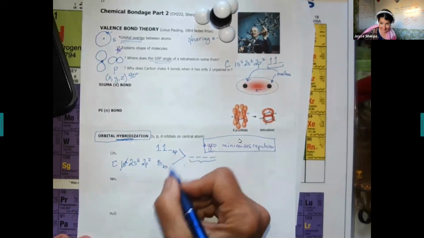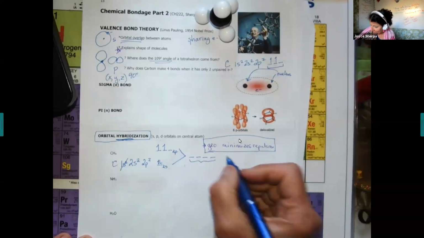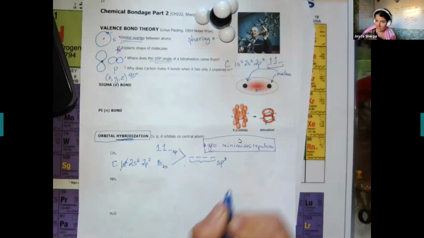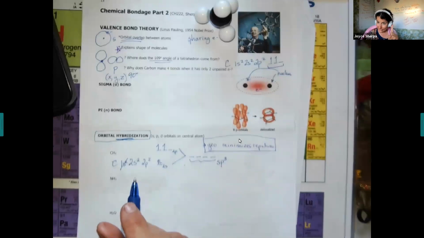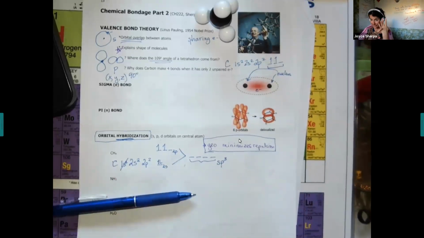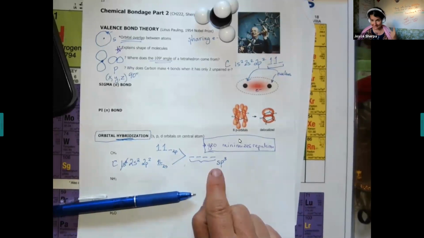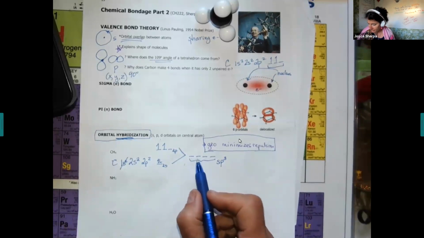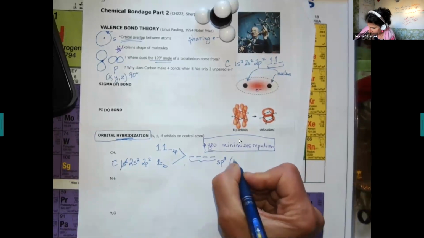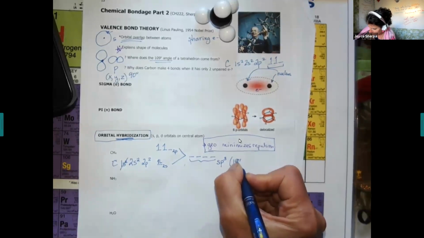So we hybridized the 2s with the 2p, and we made something called sp3. So if you take 1 and you add 3, you get 4, and that's what this is, an S and 3 Ps. All of these are called sp3, sp3, sp3, and they're all equivalent. And that's where the tetrahedron, this is where the 109-degree angle comes from.